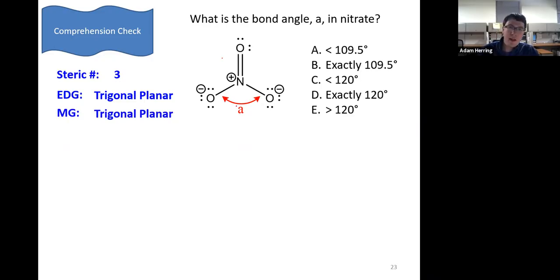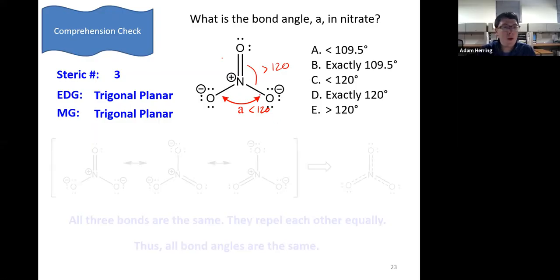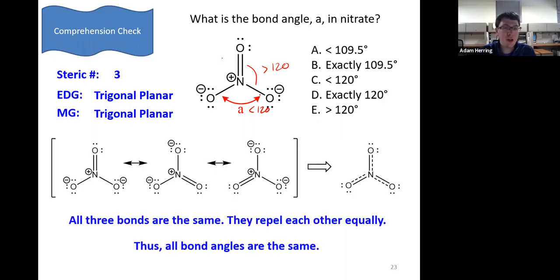Normally, we would say that this bond angle is going to be greater than 120, and this would be less than 120 because of the extra space that that double bond occupies. However, we need to keep in mind that those bonds are the same because of resonance accommodations. Because they're the same, they repel each other equally, and thus the bond angles are going to be the same. Therefore, this is exactly 120 degrees.